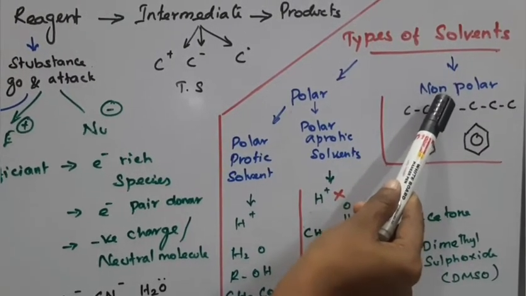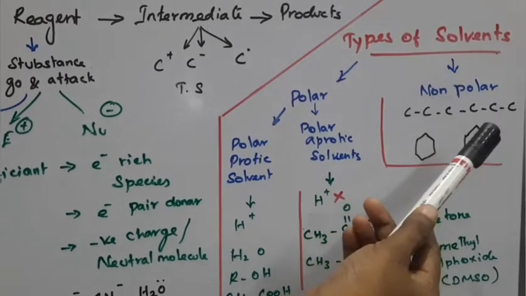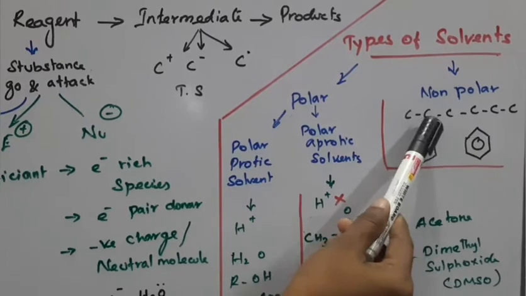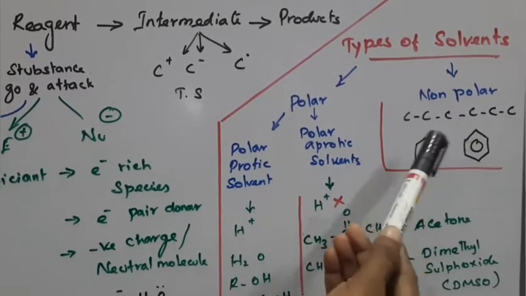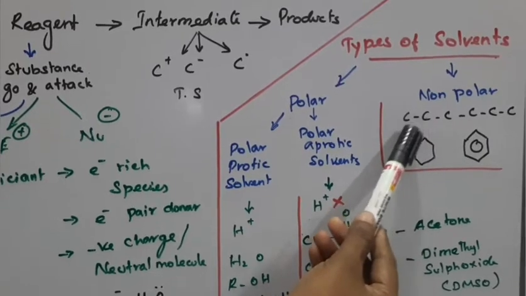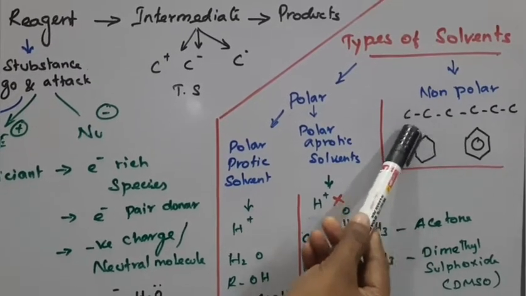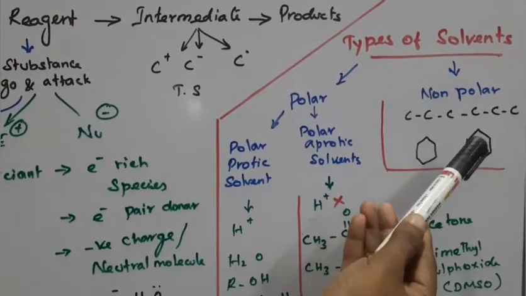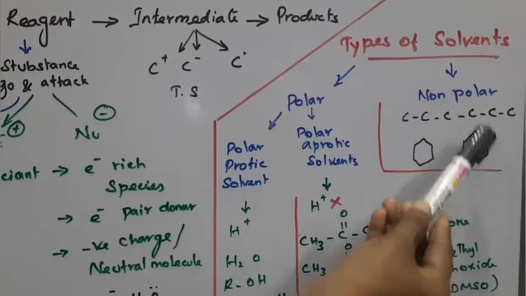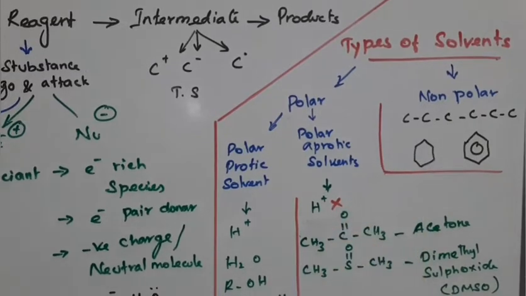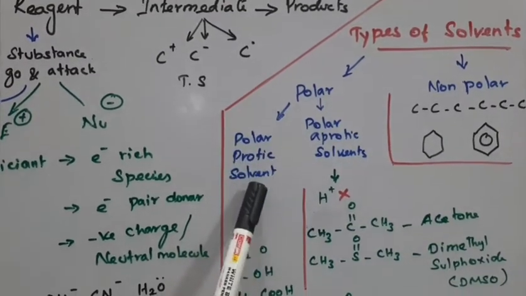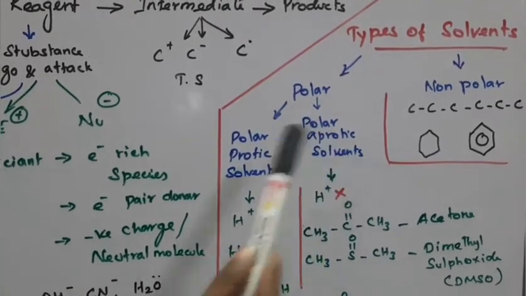Non-polar solvents are all the hydrocarbons, where there is no dipole interaction and no electronegativity difference between the two carbons. N-hexane, cyclohexane, and benzene are types of non-polar solvents. Polar solvents are again classified into polar protic solvents and polar aprotic solvents.